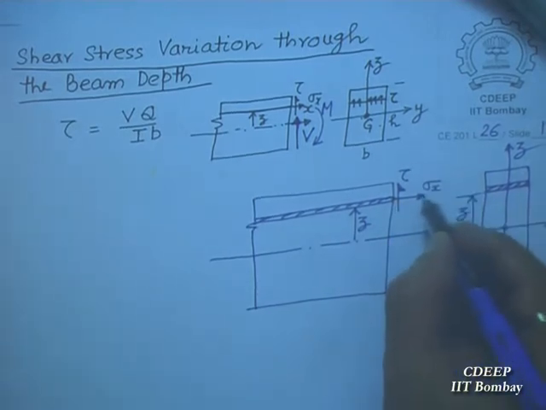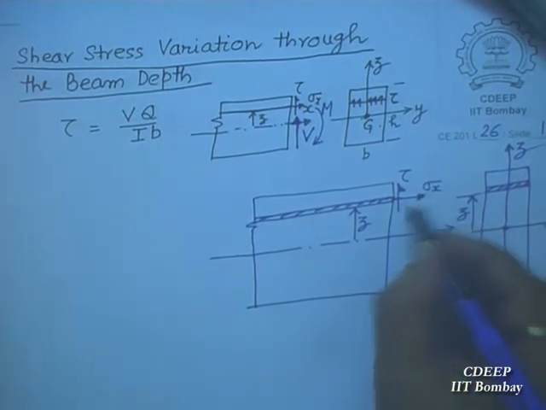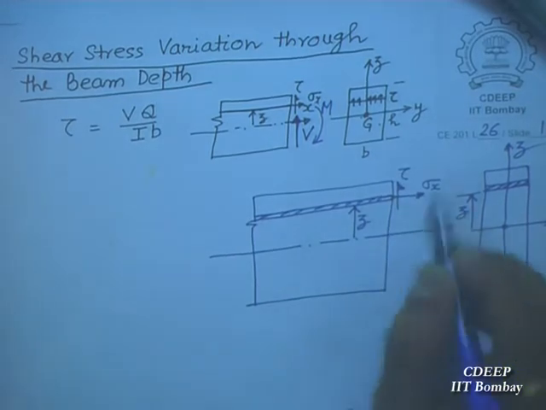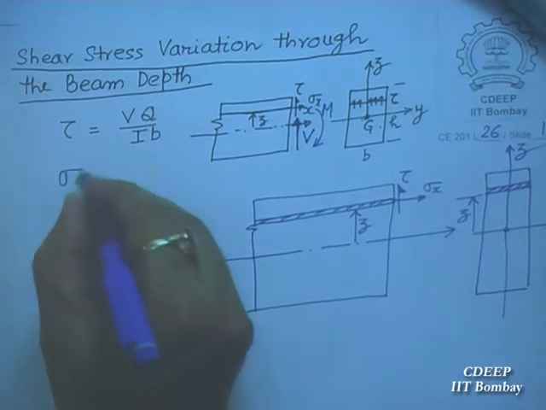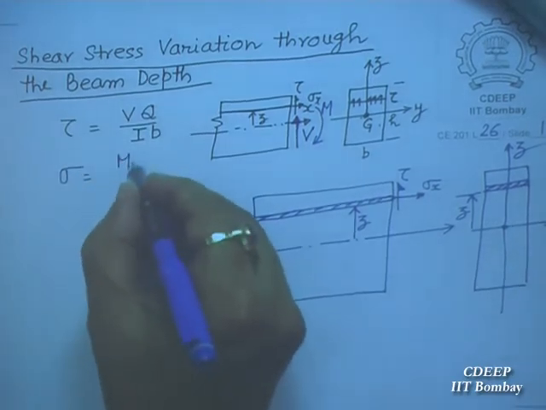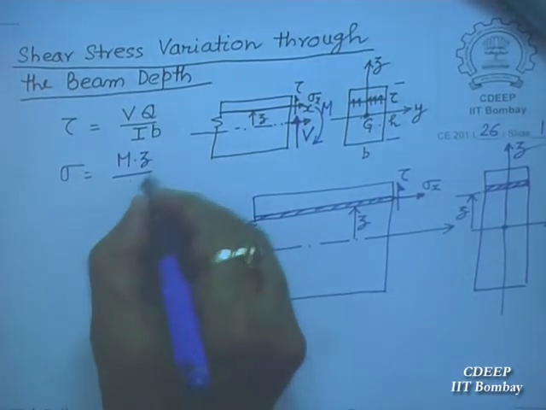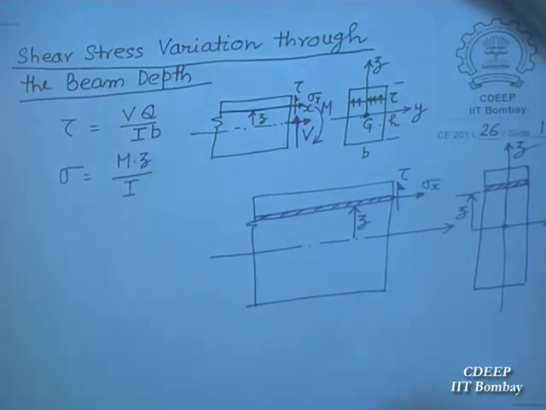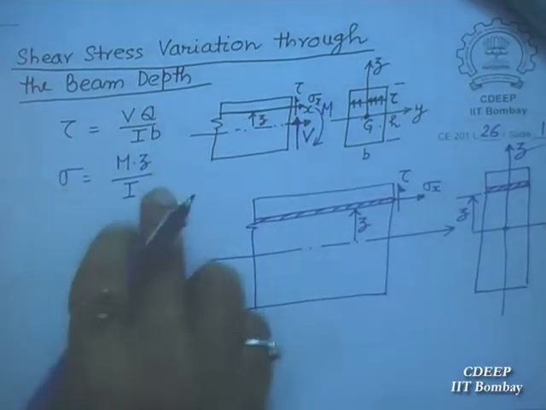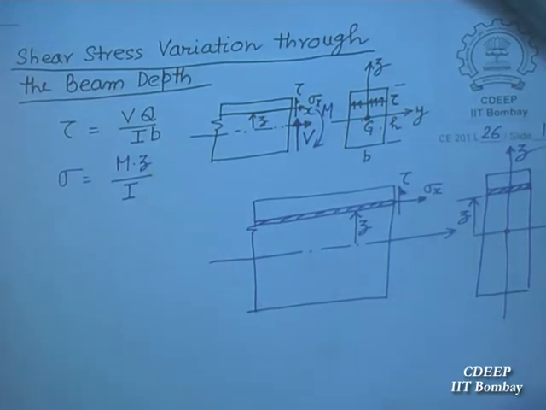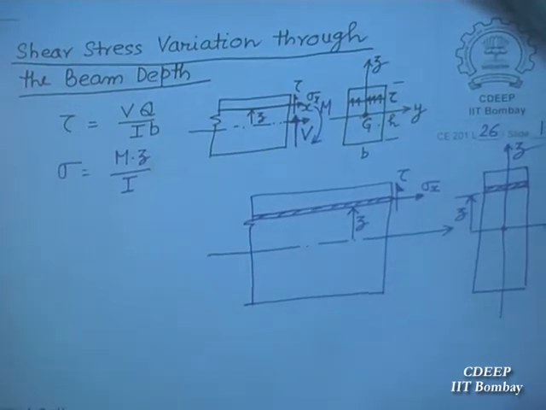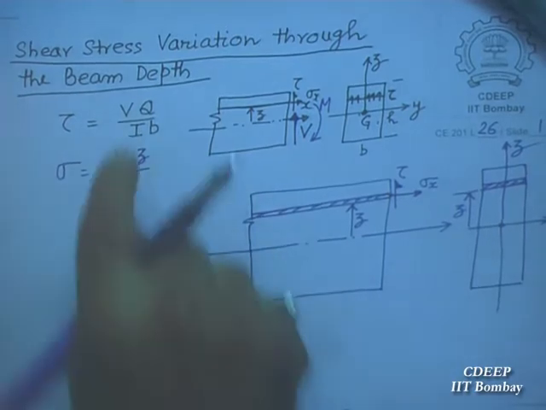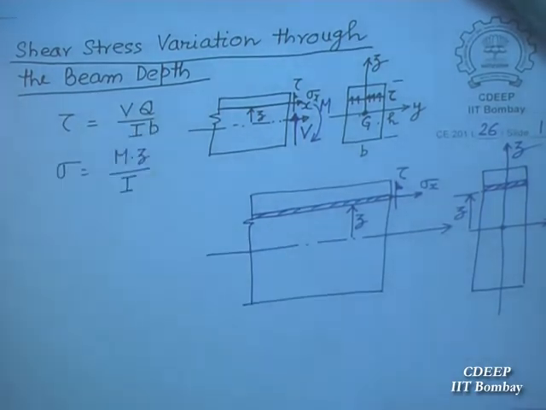There is also a normal stress on the cross section, there is also a shear stress tau. Value of tau can be given by this. Normal stress sigma is given by Mz by I. So this variation you already know, sigma x variation is triangular. It varies linearly through the depth, positive and negative. And then now we have to find out this tau.